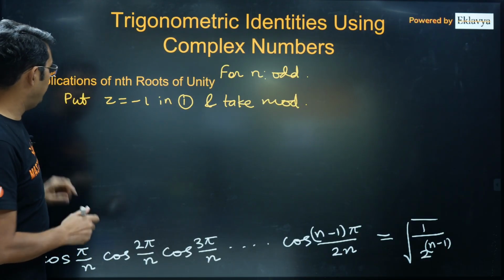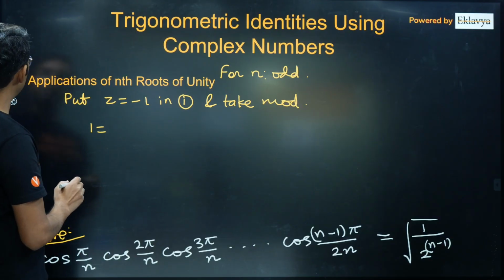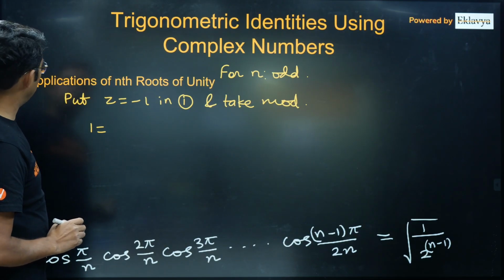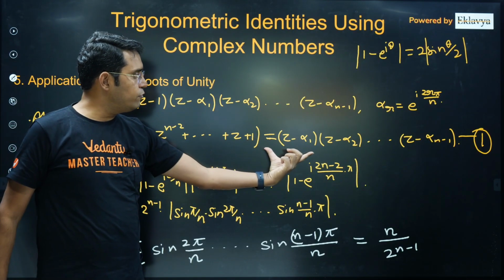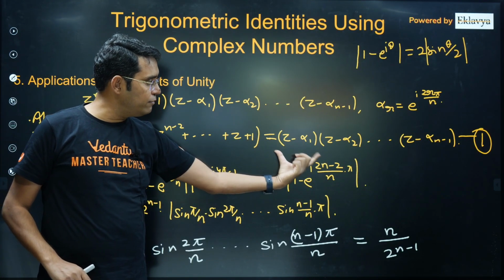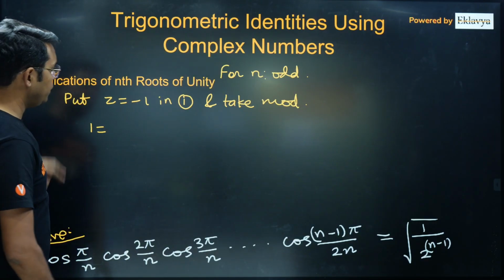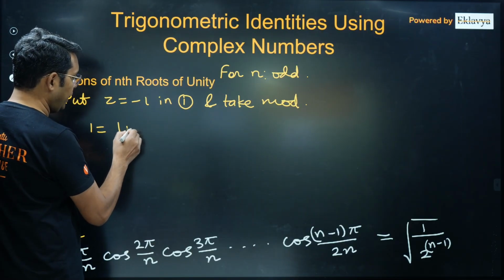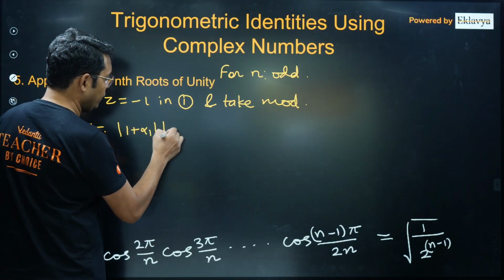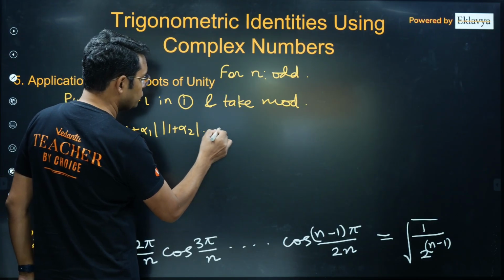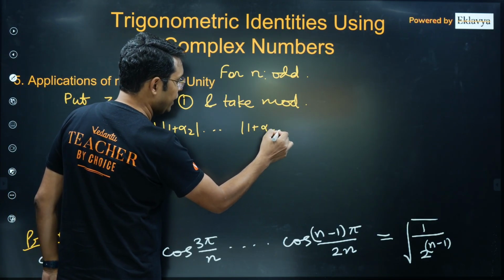So here the left side will be 1, whereas on the right hand side we are looking for mod of -1 minus alpha 1, -1 minus alpha 2, and so on. This is the same as I write 1 plus alpha 1, 1 plus alpha 2, and so on, 1 plus alpha n minus 1.